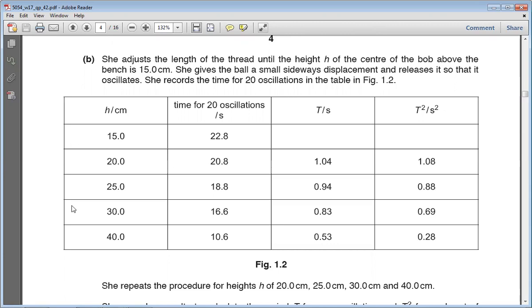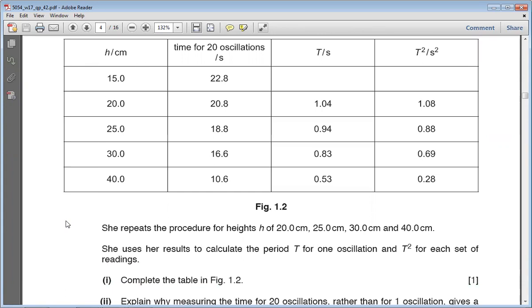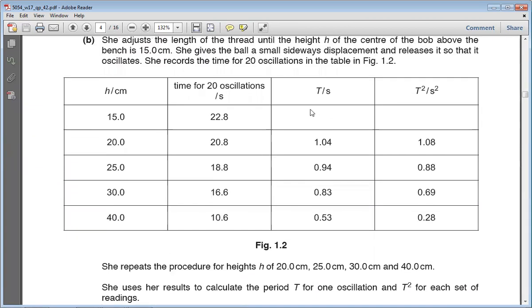She repeats the procedure for height h equals 20 centimeter, 25 centimeter, 30 centimeter, and 40 centimeter. She uses her results to calculate the period T for one oscillation and T square for each set of readings. Complete the table 1.2. Okay, so we have to complete this table.